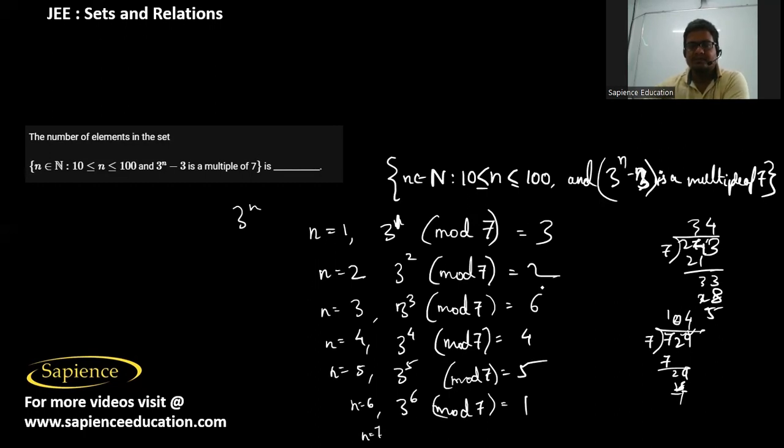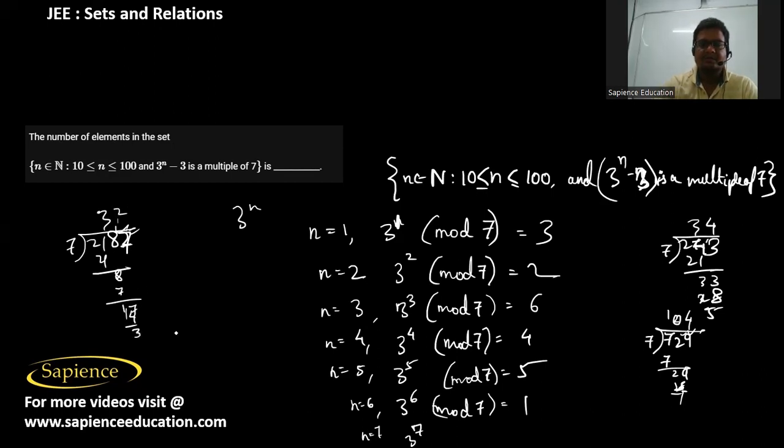Why? Since 3 power 7: 3 nines are 27, and 27 times 81 gives 2187. Divide this by 7: 7 threes are 21, then 7 ones are 7, 7 twos are 14.